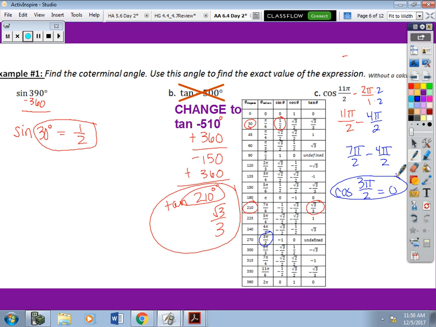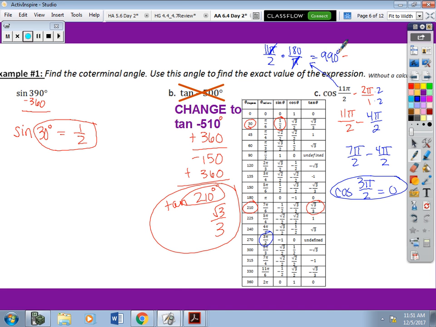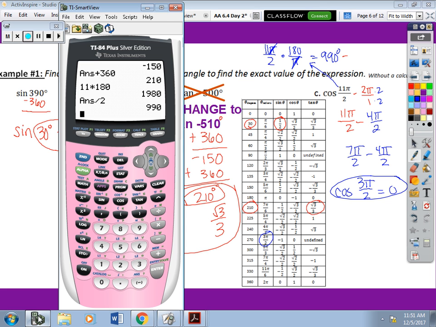Now for those of you not liking it, you convert it to degrees. How do we convert 11 pi over 2 to degrees? Times 180 over pi. The pi's divide out, so we can just multiply 11 times 180 and divide by 2. We get 990. From there, we would have to subtract 360 probably twice to get a number that's in my chart.